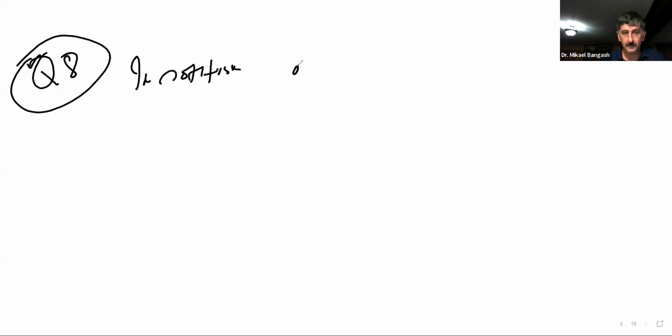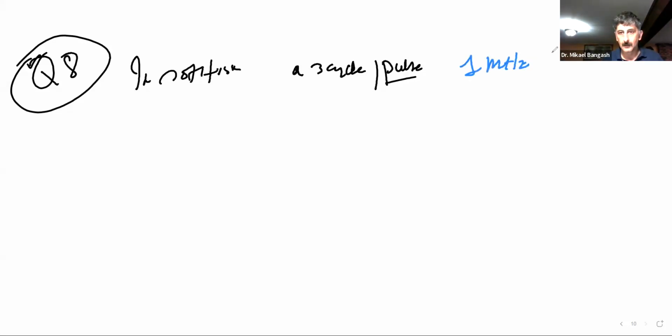That's going to be at 3 cycle. Now what do you mean by 3 cycle? That means that we have 3 cycles per pulse. The words per pulse are not mentioned, but that's where we should assume it. We have 1 megahertz. That's mainly your frequency of the transducer.